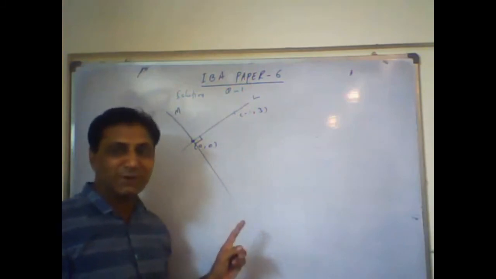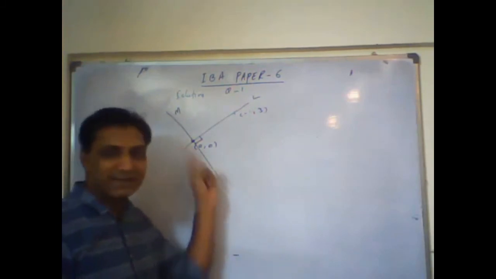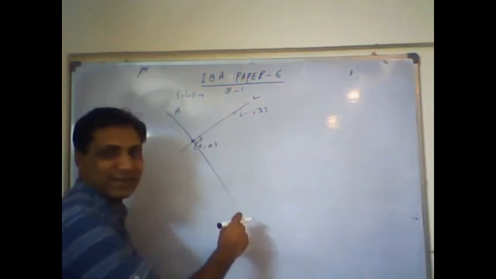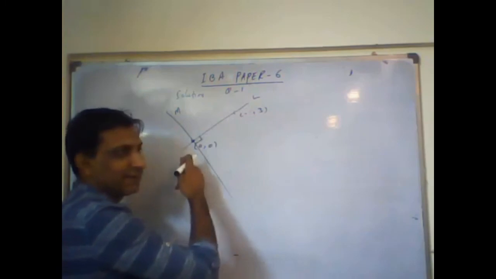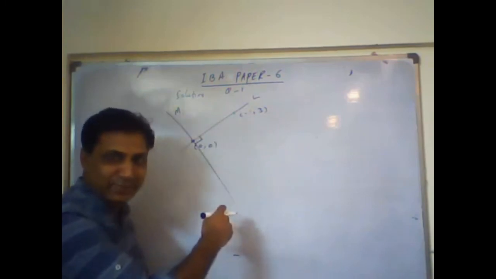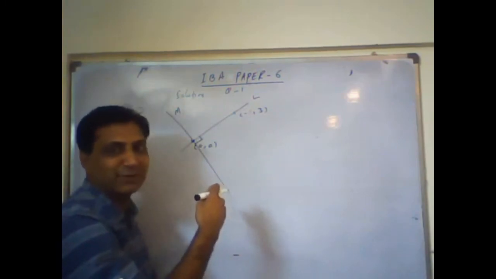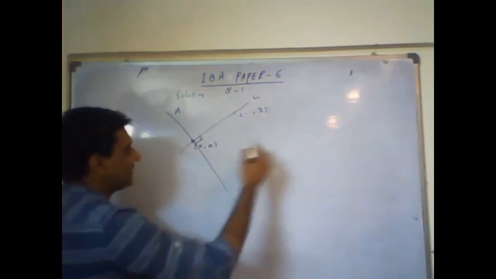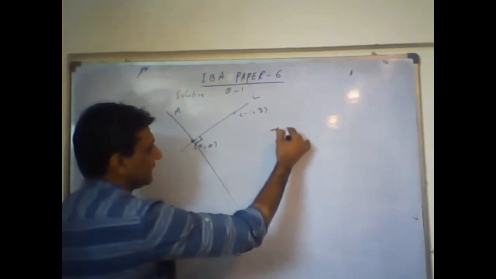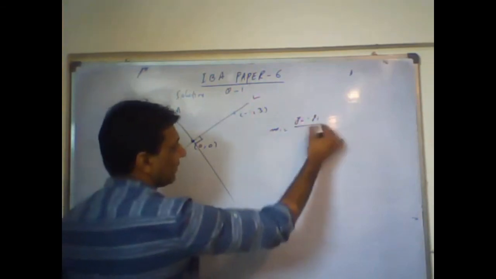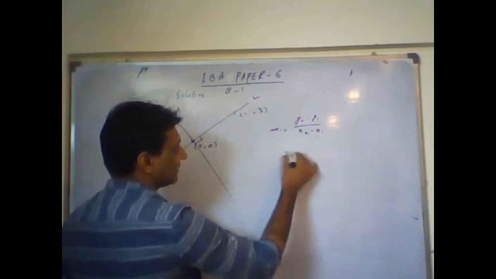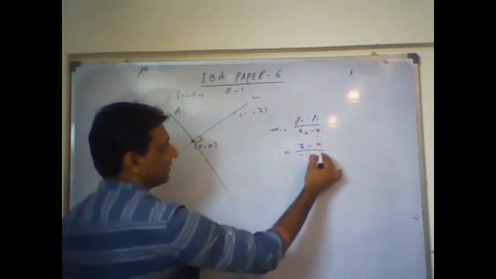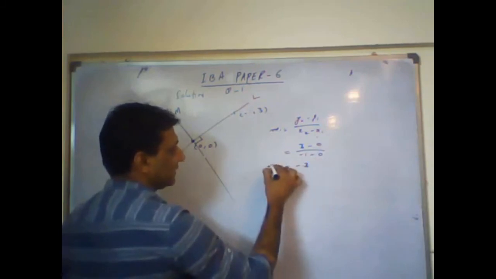The equation can be found if you are given a point and the slope or gradient of the line. To find the gradient of this line, you need to know the gradient of line L, because these two lines are perpendicular, so we'll use the formula for perpendicular slopes. First, the gradient of line L is m1 = (y2 - y1)/(x2 - x1) = (3 - 0)/(-1 - 0) = -3.